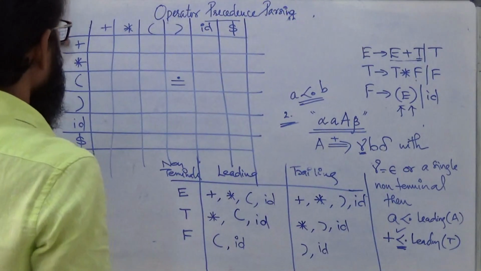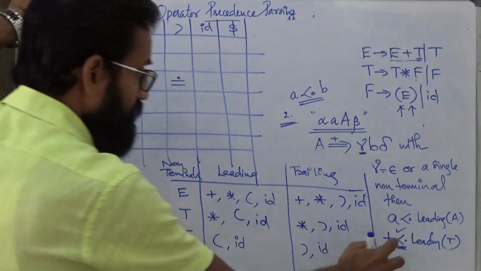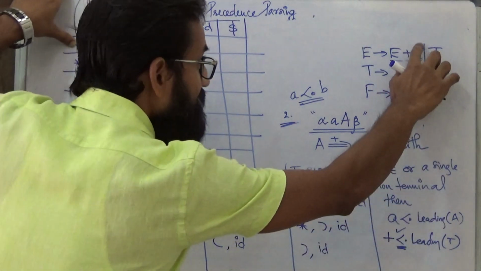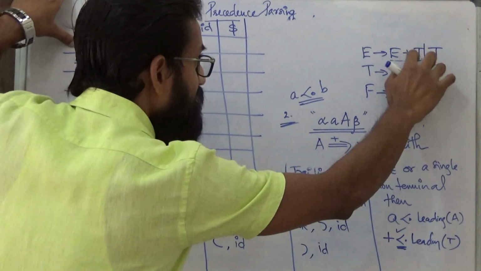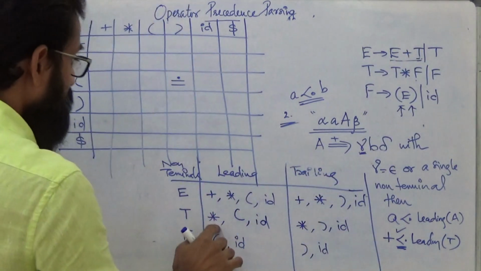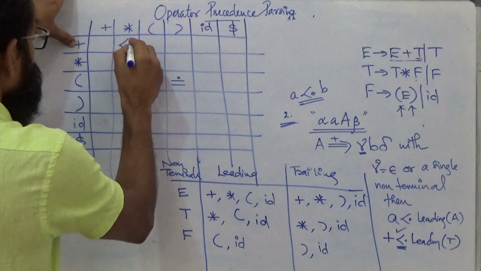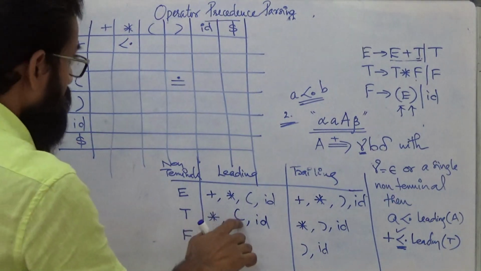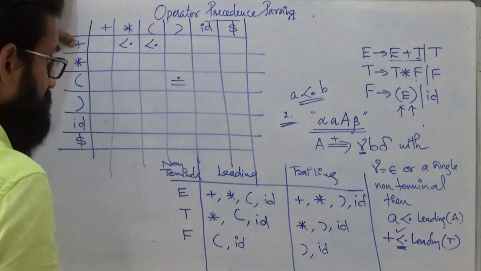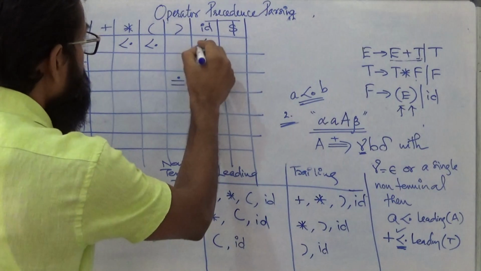Plus is related to everything in leading of T. So leading of T is star, opening parenthesis, ID. So lesser precedence, opening parenthesis, lesser precedence, ID, lesser precedence.